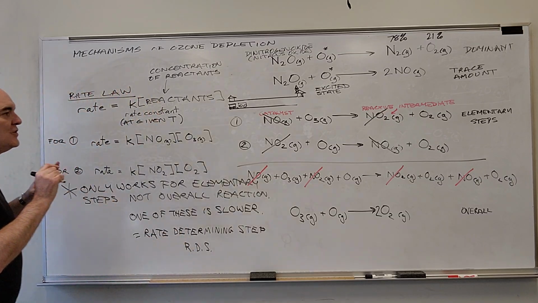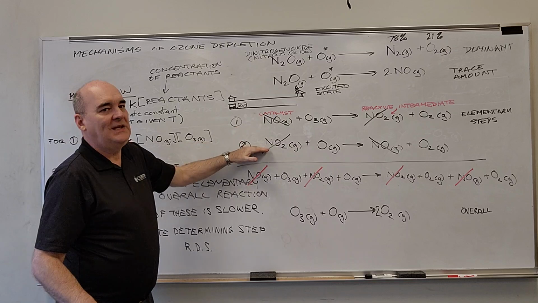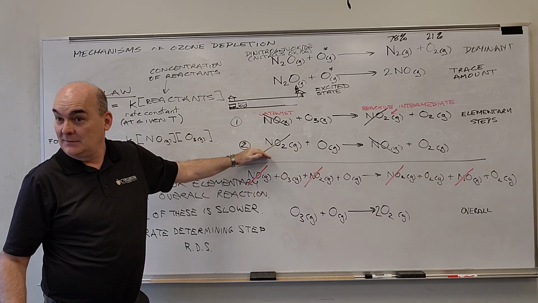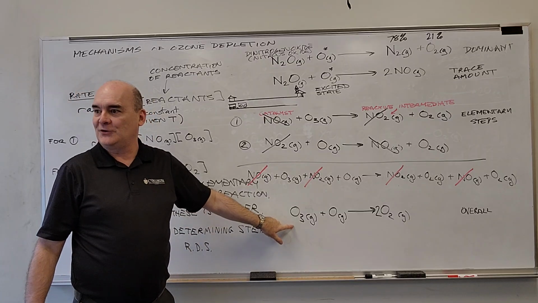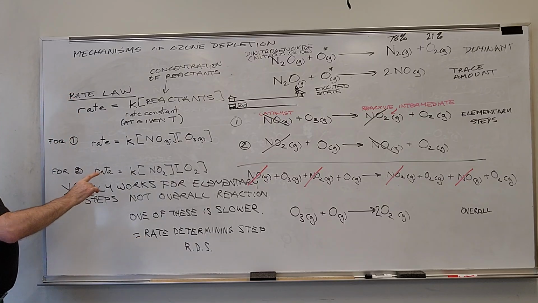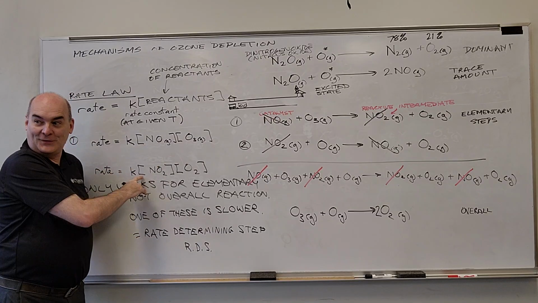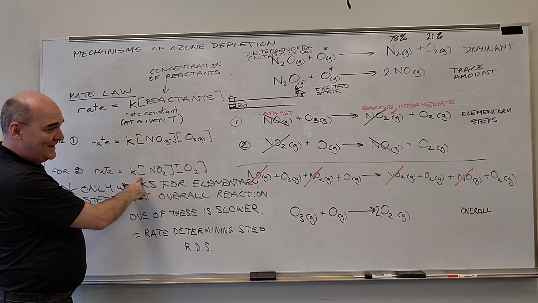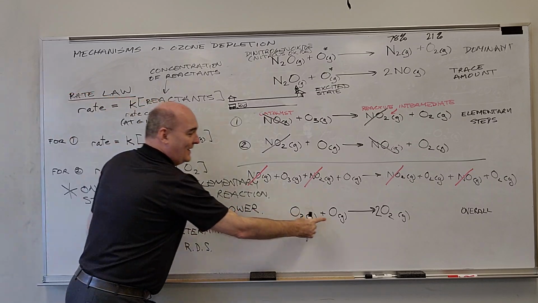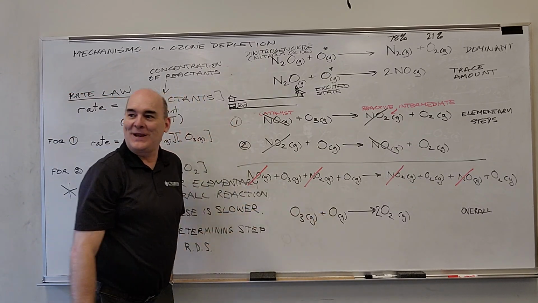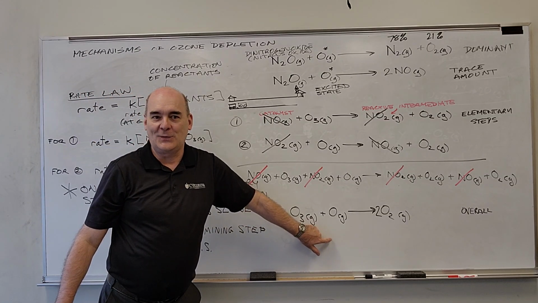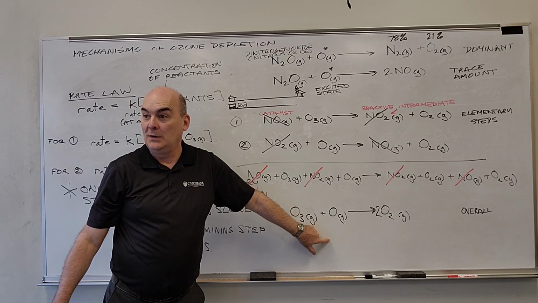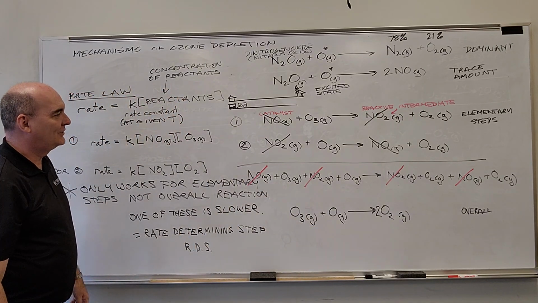So if we know which one of these is the slow step, then I know the rate law for the overall reaction. When we look at the two possible answers, the rate law is either this one or that one. Neither of them has one of the reactants that shows up in the overall reaction. This one says you have to have O in your overall reaction.